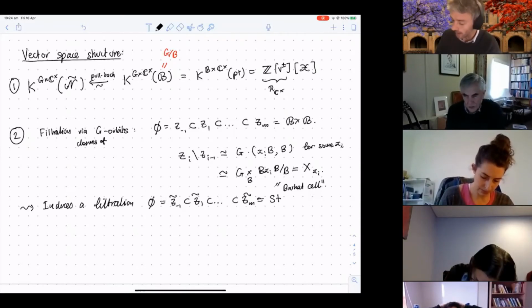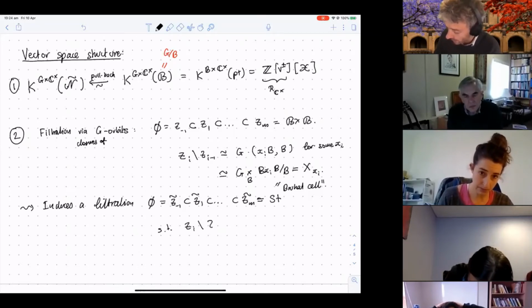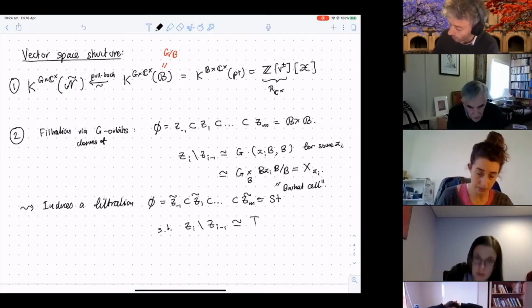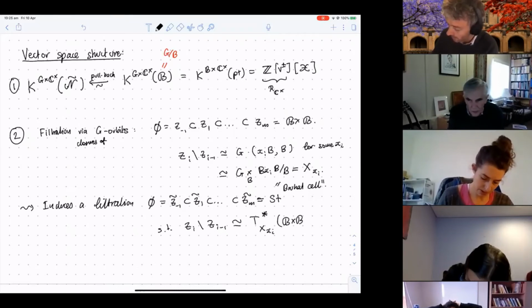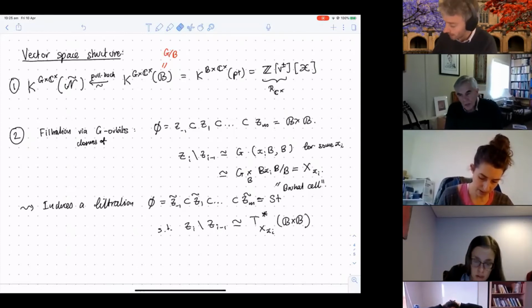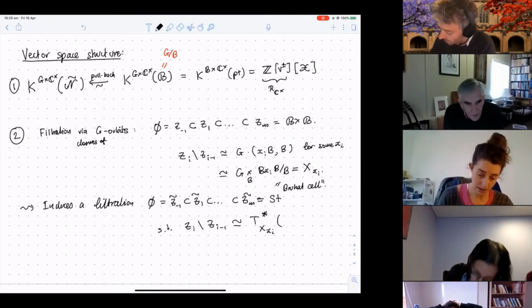The Steinberg variety such that Zi take away Zi minus 1 is isomorphic to the conormal bundle to X, B times B. That's a B times B, not a B XB.